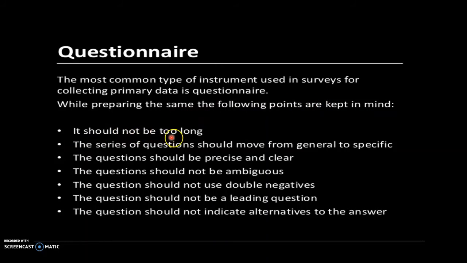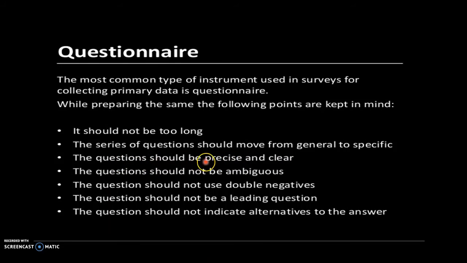The questionnaire should not be too long. The questions should not be too long. The series of questions should move from general to specific, so we have to follow this regulation. The questions should be precise and clear. Precise means short.